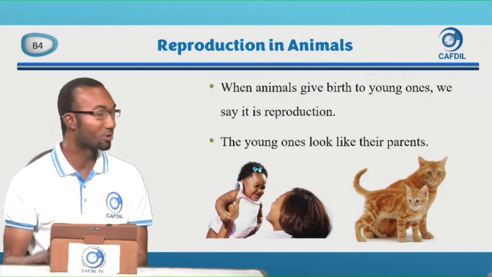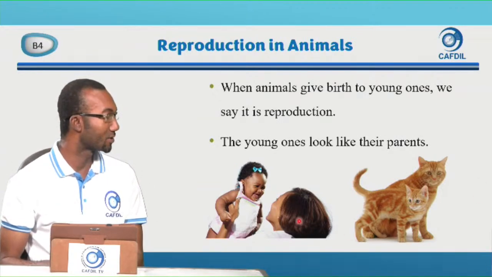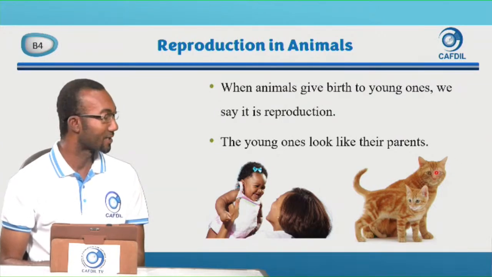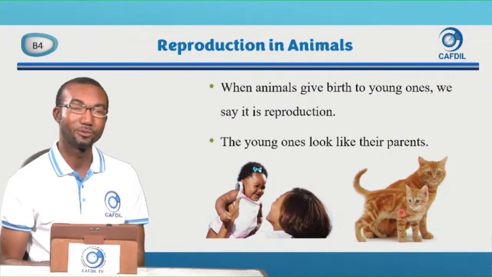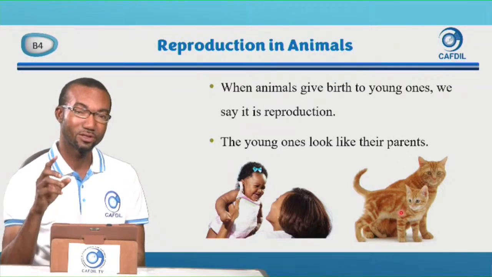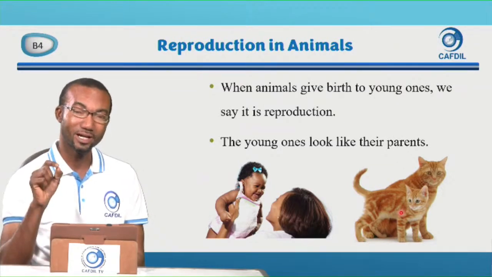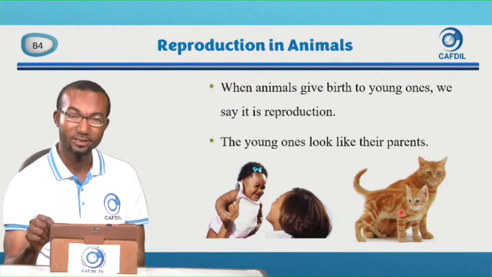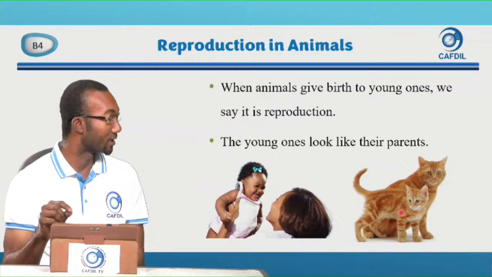So if you look on your screen here, this woman has given birth to this beautiful baby, and that is what we call reproduction. This cat here has given birth to this beautiful kitten, and we say it is reproduction. And viewers, normally when we say reproduction, the young ones look like their parents.